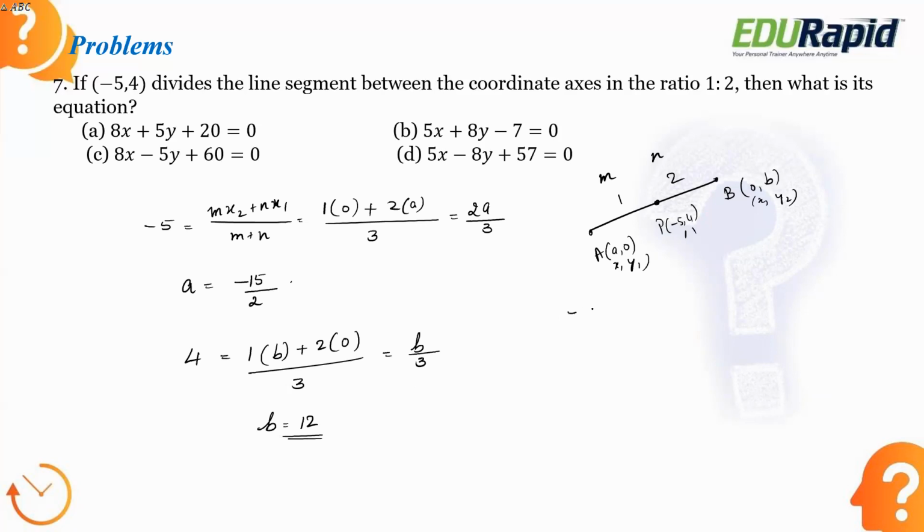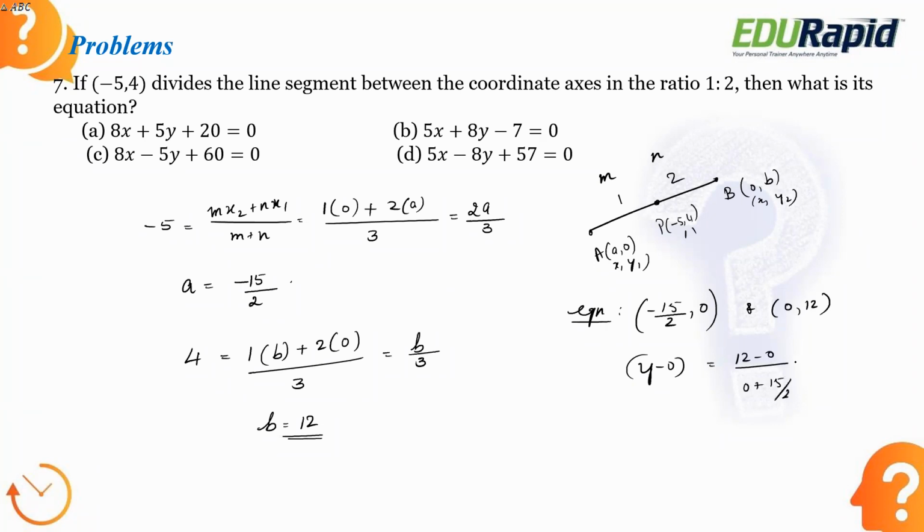So the equation of line joining is given by minus 15 by 2 comma 0. That is A point. And the B point is 0 comma 12. So we can find the equation by using the slope form of the equation.